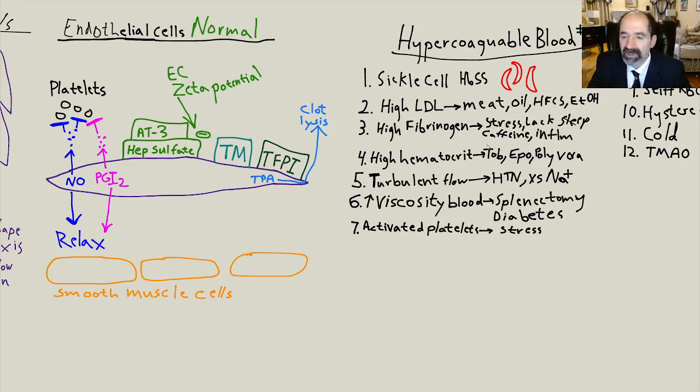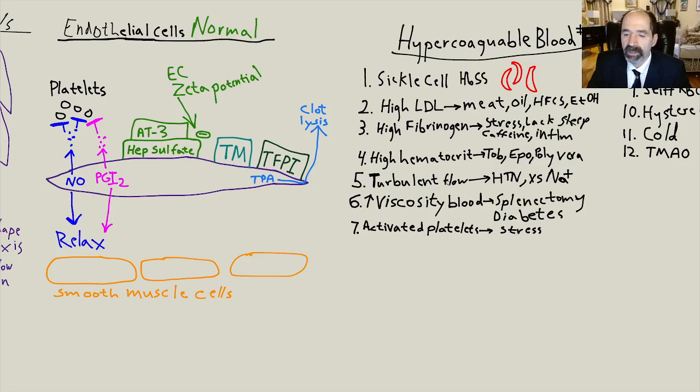Taking medications that cause increased red blood cells. There's a disease called polycythemia vera, where they just have high hematocrit. Hematocrit makes the blood real thick, pressure has to go up, and then you get that whole cascade of high blood pressure causing endothelial injury at the bifurcations of the arteries to the brain, the carotid, the arteries to the heart, the coronaries. Turbulent flow, as we spoke of, with any cause of high blood pressure, like excess dietary sodium.